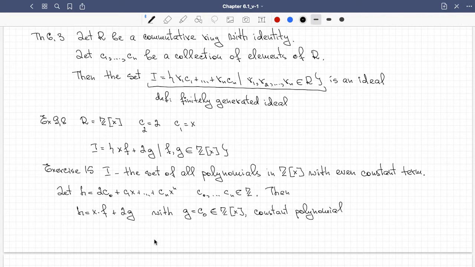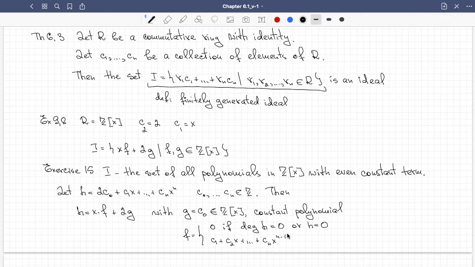And as to f, it is either 0 if h is the 0 polynomial, or if this is not the case, then f is c1 plus c2 x plus c n x to the n minus 1.